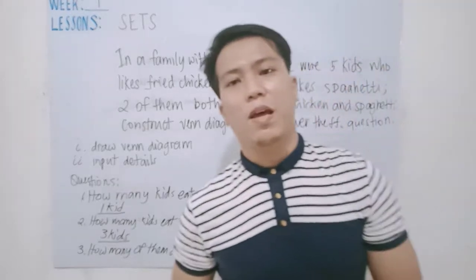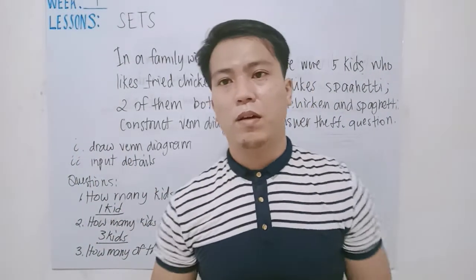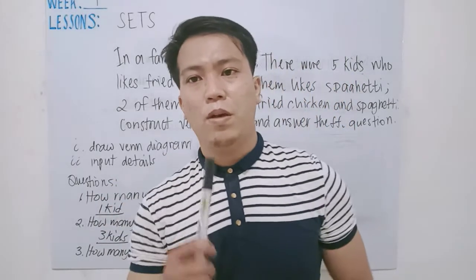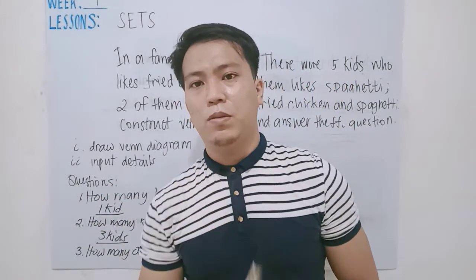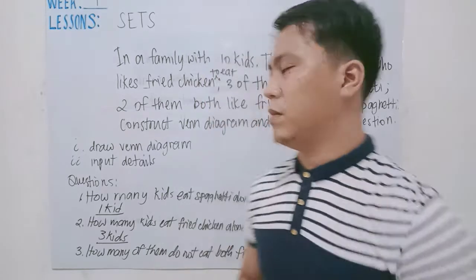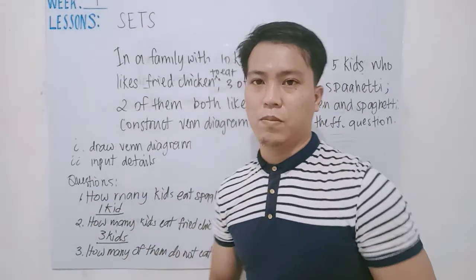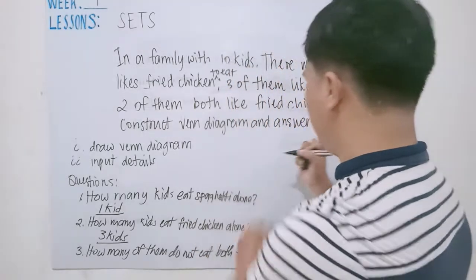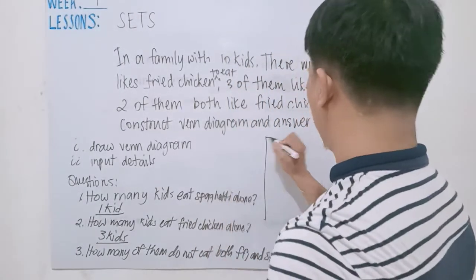For us to represent this problem in a Venn diagram and be able to answer certain questions here, we have to deal with two steps. One is to draw the Venn diagram as well as the universal set, just like we did a while ago.